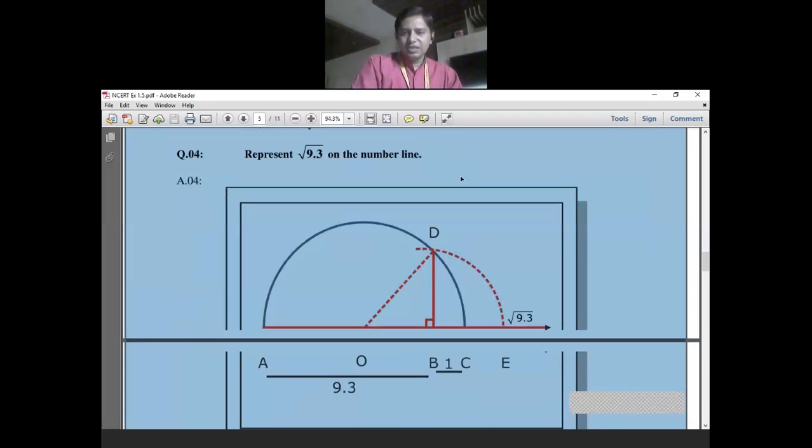Then we'll extend it by 1 unit, that is 10.3. Then we'll bisect it. The bisector will meet at point O. After bisecting this, taking O as center and OA as radius, we'll draw a semicircle. The semicircle will surely pass through points A and C.